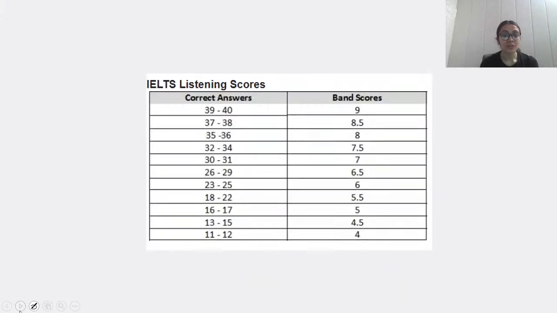Okay, so what you can see on the screen is all about listening scores. Now when we have listening scores in hand, how do we do it and what is the right way to proceed further? Do you see what we have on the screen? Yes?